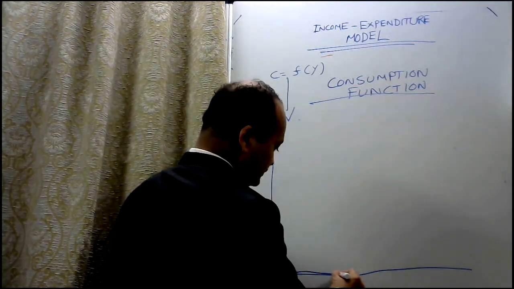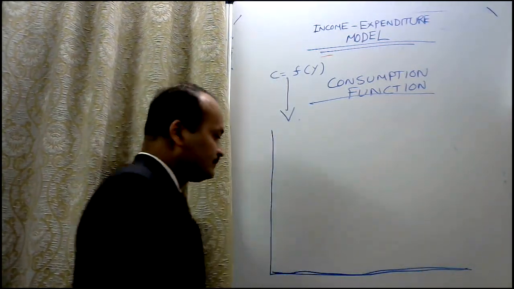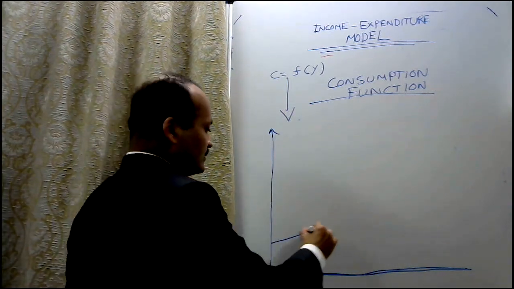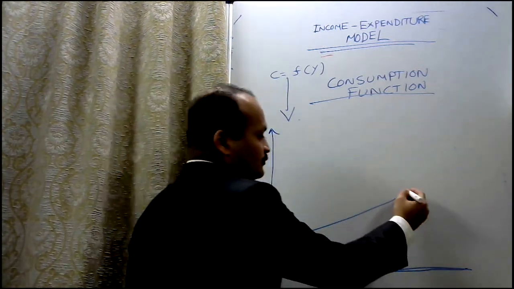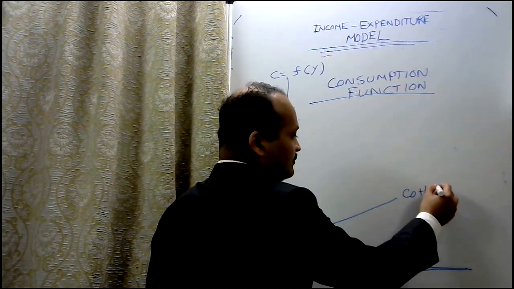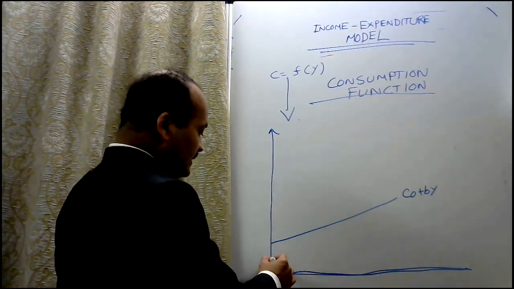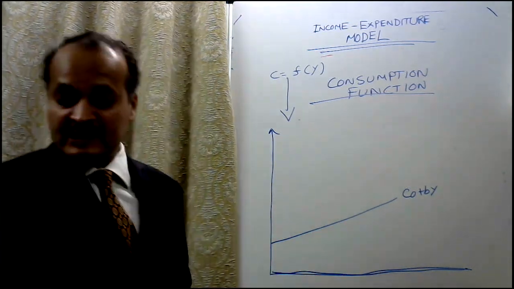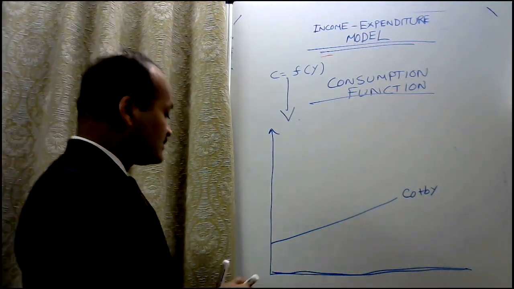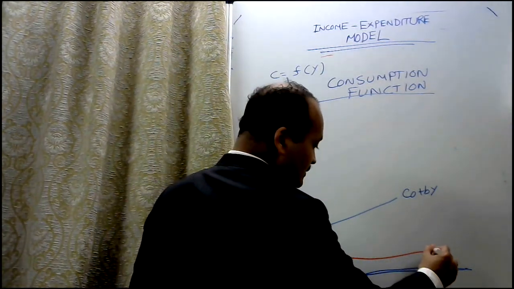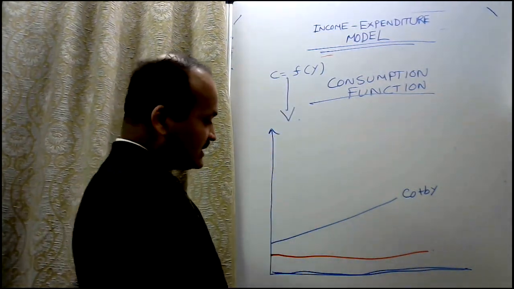So let us draw it more straight. Suppose this was my consumption function, which was C0 plus BY, and my investment and government spending, suppose I still assume them to be exogenously given.